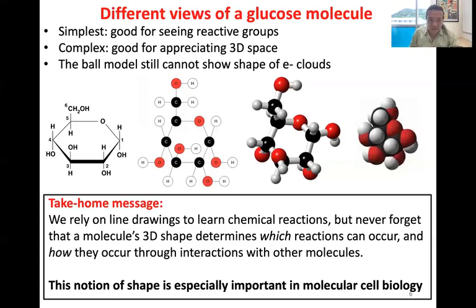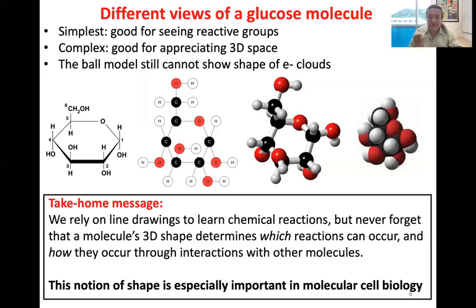So the take-home message from this is we rely on line drawings to learn chemical reactions and maybe help us draw things out a little better, like in OChem, when you're doing different types of nucleophilic attack and you draw arrows and stuff like that. But I want you to never forget that a molecule's true three-dimensional shape is what's going to determine what kind of reactions can occur between this molecule and another molecule, and more importantly, how they occur, what surfaces of this molecule are actually the right shape to fit with other molecules.